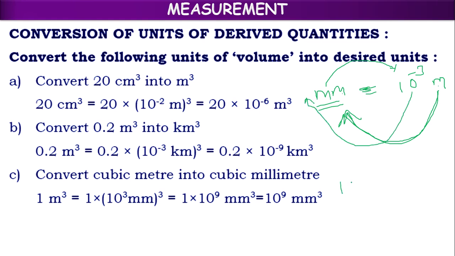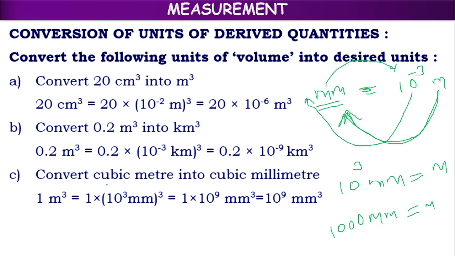What will it become? 10 power 3 millimeter equal to 1 meter. 10 power 3, how much? 1000. Means 1000 millimeter equal to 1 meter.